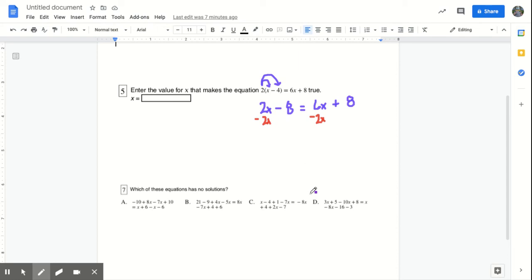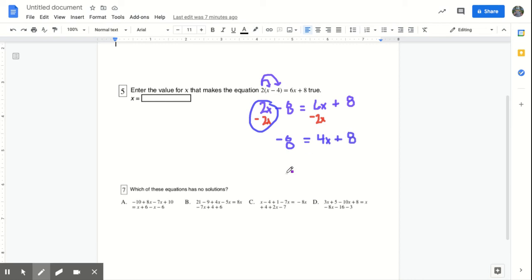Right now it's perfectly balanced. If I only did it to the left and got rid of it, it wouldn't be balanced anymore. So 2x's minus 2x is nothing. I have this minus 8, or think of it like a negative 8. And then 4x plus 8 goes right here.